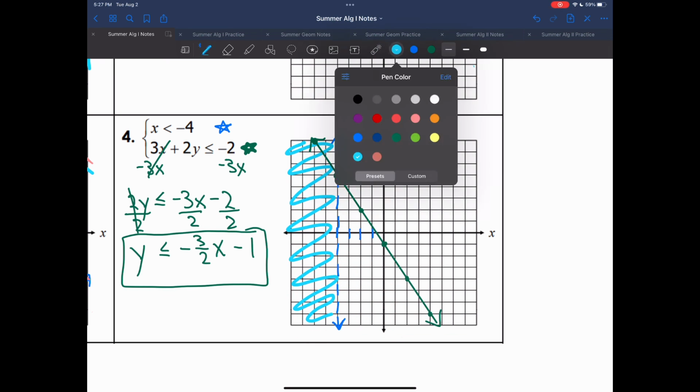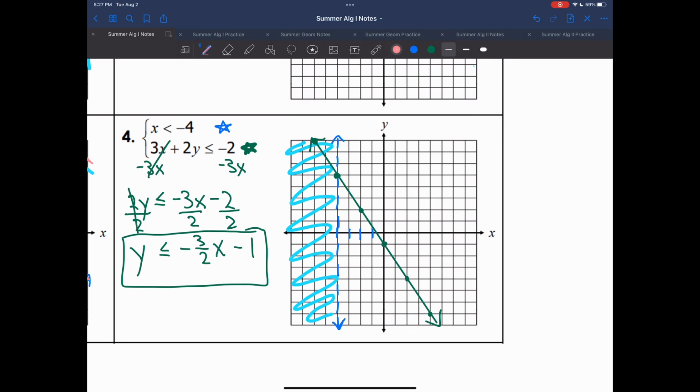So let's shade with our pink. Everything underneath the green line would be all of this, right? But I know in the end, I only need where the blue and the pink overlap. I erase everything else. So let me do that.